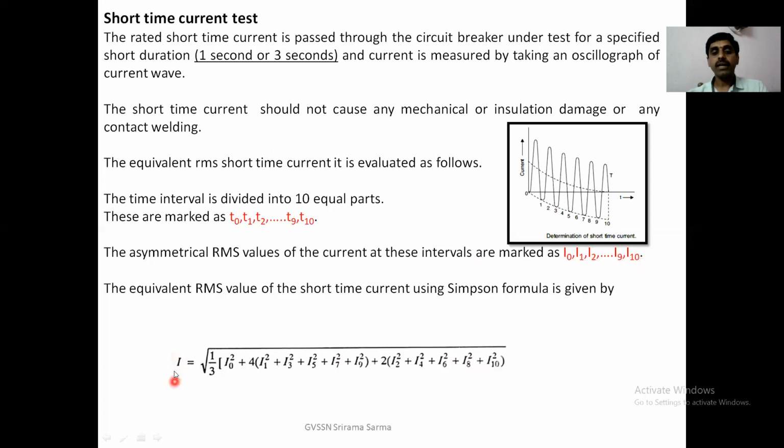The equivalent RMS value of the short time current using the Simpson formula is given by I equal to the square root of 1 by 3 into [I0 squared plus 4 into (I1 squared plus I3 squared plus I5 squared plus I7 squared plus I9 squared) plus 2 into (I2 squared plus I4 squared plus I6 squared plus I8 squared) plus I10 squared]. From this, the equivalent RMS value of the short time current can be calculated.